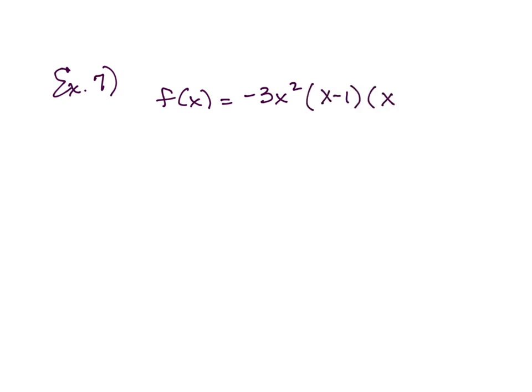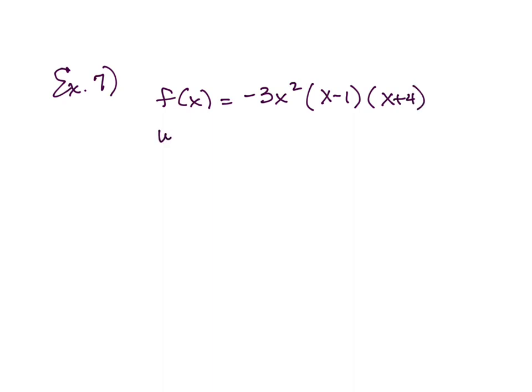It says, given the function, this is example 7, by the way. Given the function f of x equals negative 3x squared times x minus 1 times x plus 4.